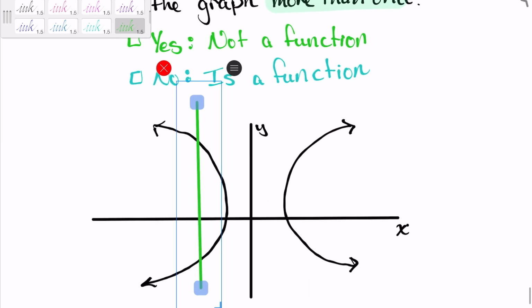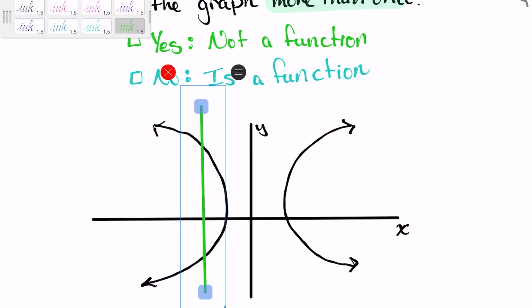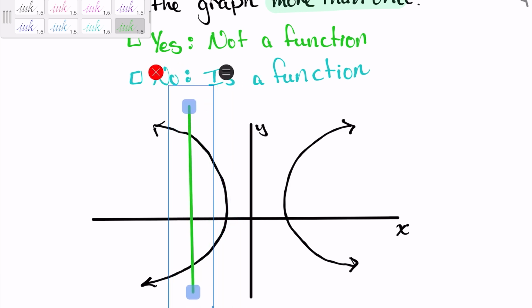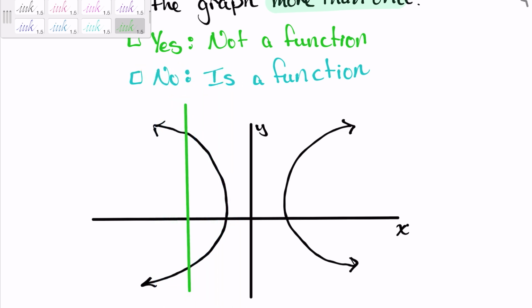And this is a hyperbola that I have drawn. I can see that there are several places where I can draw this vertical line and it's hitting twice, which means wherever that x value is, I have two different y values, one positive, one negative in this case, with the same exact x value. That means that this is not a function.